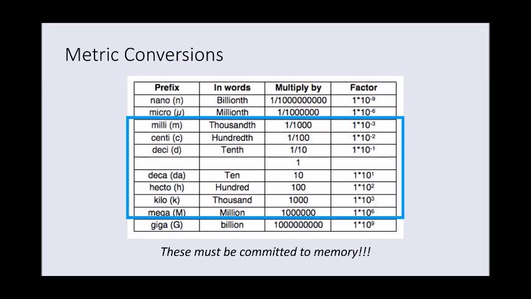And even of these, the milli, centi, deci, deca, hecto, kilo, and mega, the ones that I see more often are these and these. So if you are highly proficient in conversions between these 4 units, that's a good indicator that you'll be able to successfully do the calculations for this test.